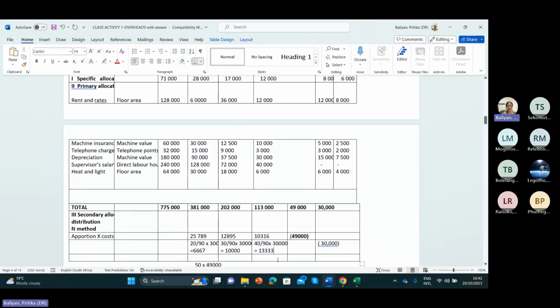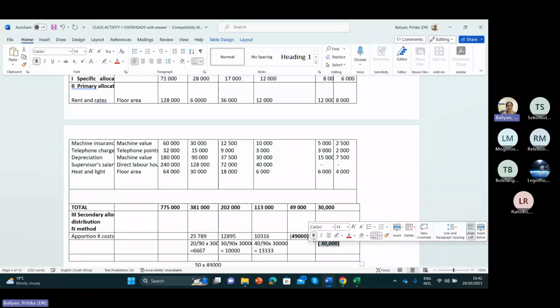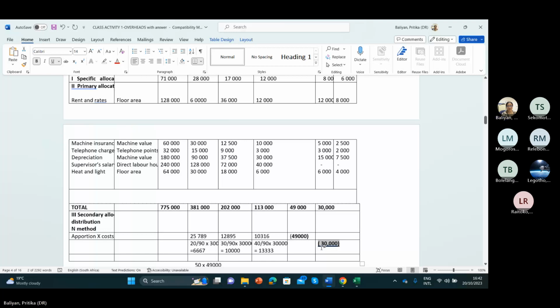Okay, so do you understand this calculation? Do you understand this calculation? Yes, ma'am. Okay, so we add them. Now, after apportioning the service department X cost and Y, all this 49 is absorbed by the ABC department, and this 30,000 is also absorbed by the ABC.